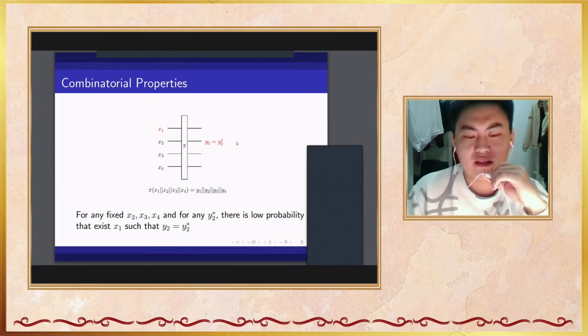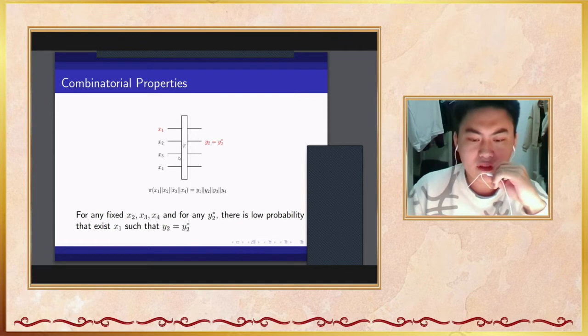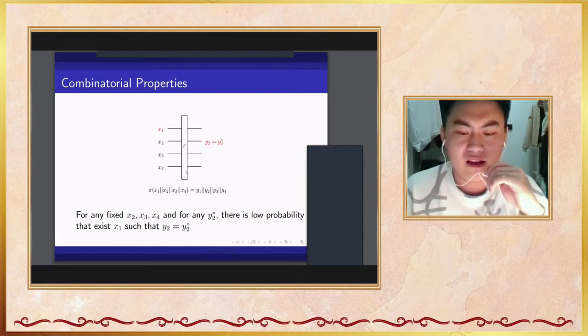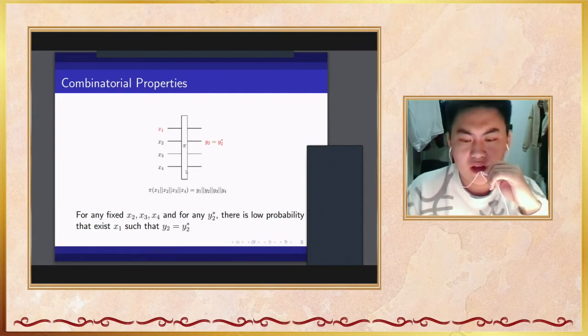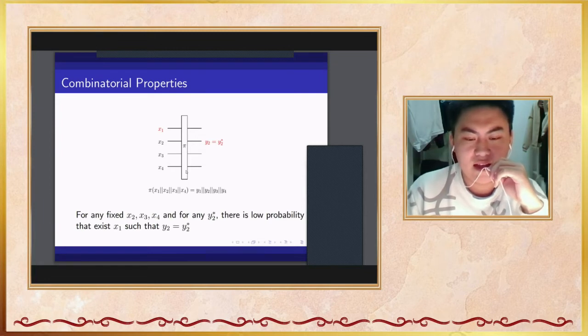To simplify the expression, we let the input of the D-box be x1, x2, x3, x4, which means that W is 4. We only focus on one of the inputs. For any fixed x2, x3, x4, and for any y2 star, another value in the output, there is a low probability that there exists an x1 such that y2 is equal to y2 star.